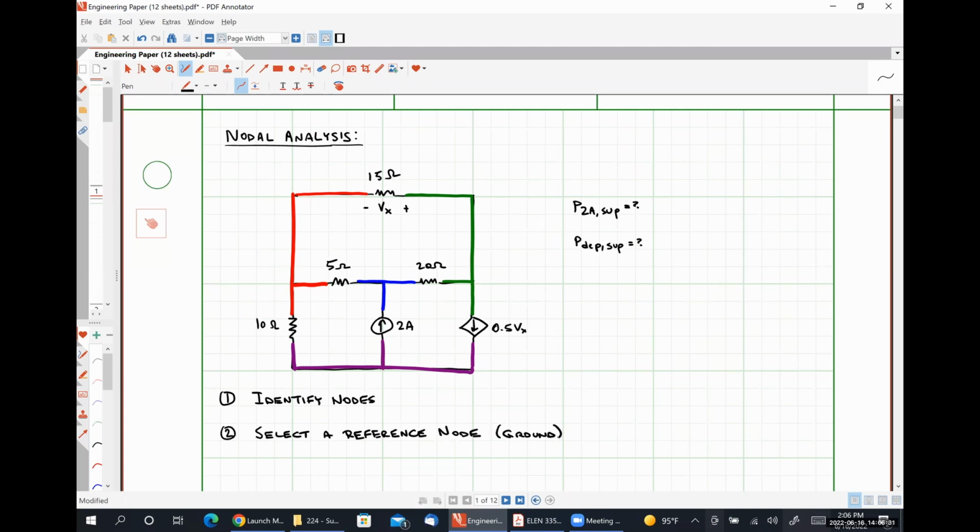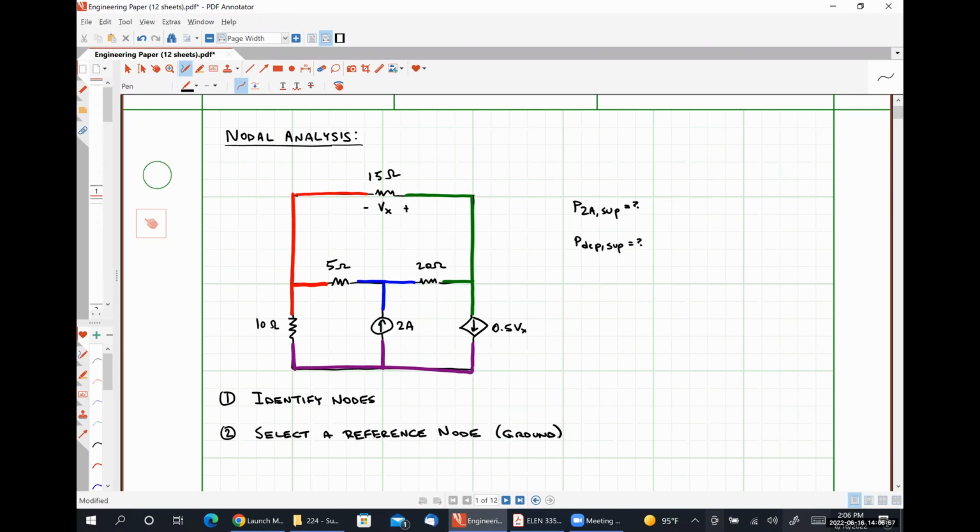So what we're really doing in this step is just picking one of these 4 nodes and saying that the voltage at this particular node is known. And we typically give this value 0 volts. We can select any of the nodes as our reference node or as ground, and we will still be able to solve this particular problem.